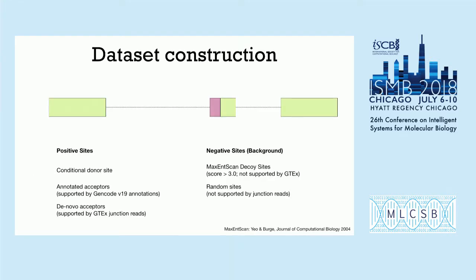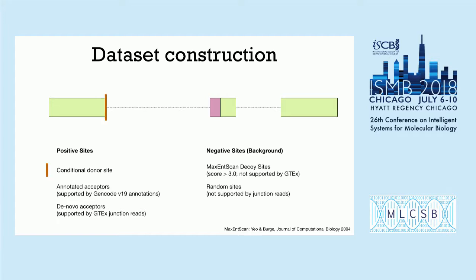The first important step is that we need to construct a data set that we can train our model on. And we are using 2 principal data sources for this. The first one is the GENCODE genome annotations, and the second one is RNA-seq reads from the GTEx consortium.